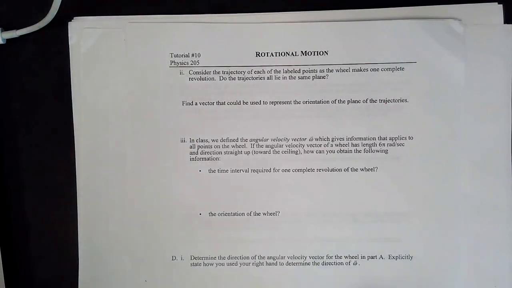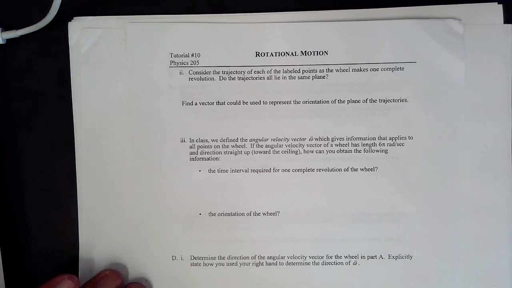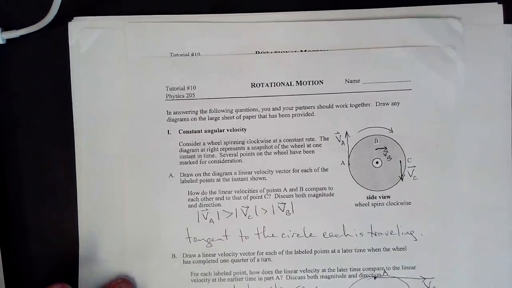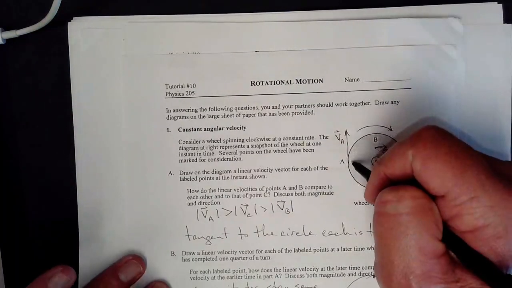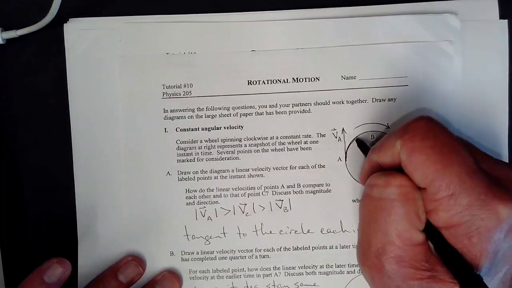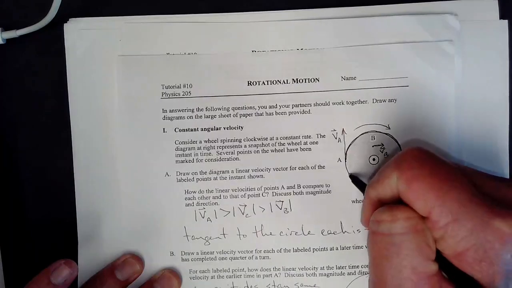Now, we're asked to consider the trajectory of each of the labeled points as the wheel makes one complete revolution. Do the trajectories all lie in the same plane? Well, the trajectory is just the path that that point follows as it goes around. And for A, it would be a circle that goes around the outside of that wheel.